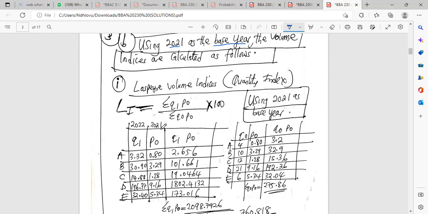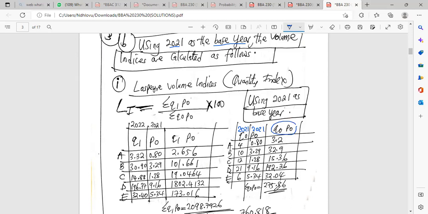And then this one, we are using the base period as 2021. So this one is for 2021. Even this other one we're getting is as 2021.